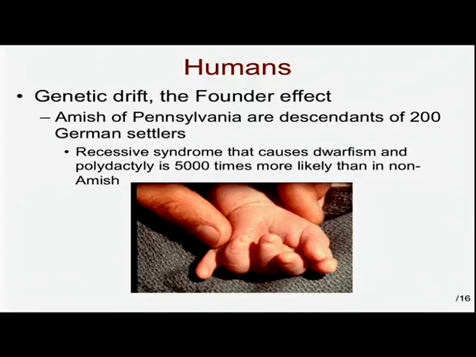Not because it makes them better at surviving, right? They're not better farmers because they have an extra finger, right? Better at milking cows or something, right? It's just because of the founder effect that it exists in that population, right? It's obviously not selected against, right? If it was selected against, it would have disappeared. That one woman with the 6 fingers, nobody would have sex with her, right?